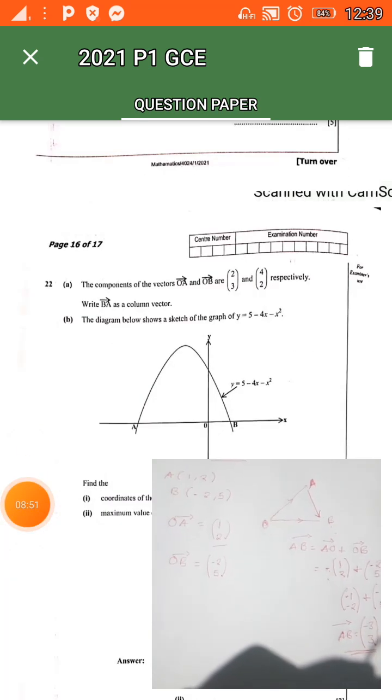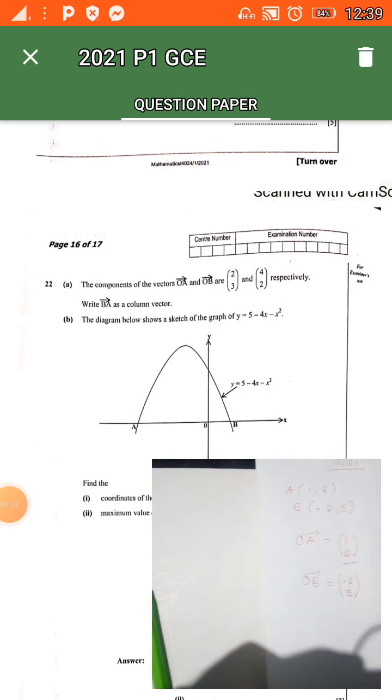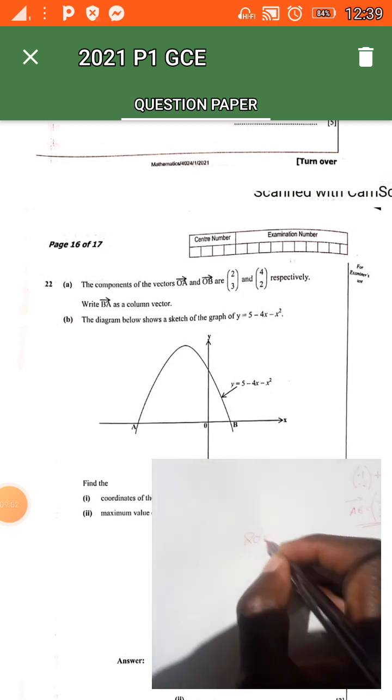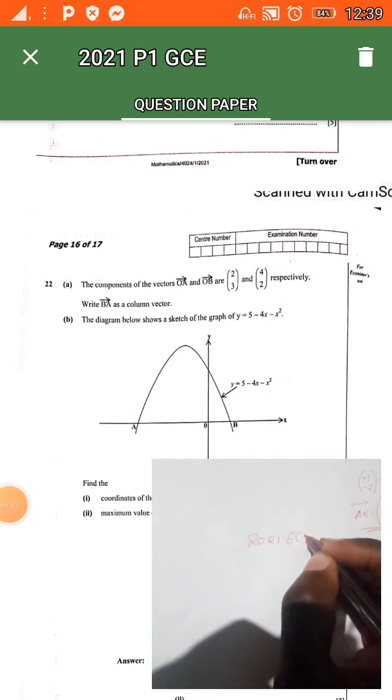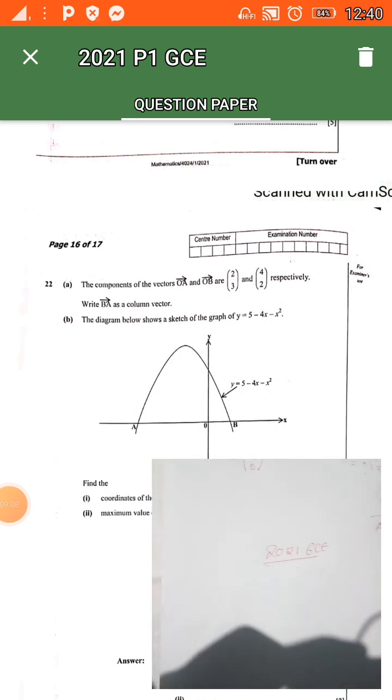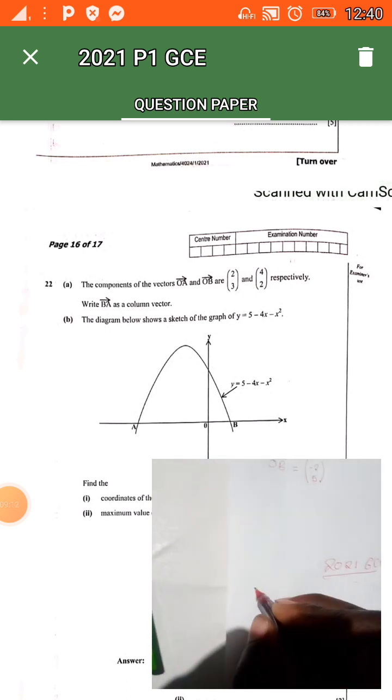So for GCE we have question 22, 2021 GCE. Question 22A.